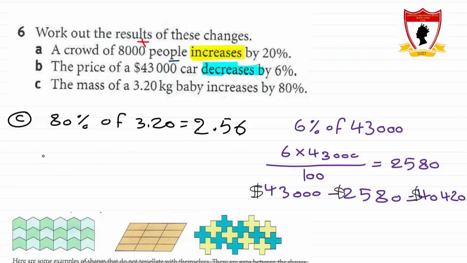We're gonna add 3.20, which is the total mass of the newborn baby, plus 2.56 equals 5.76. Units, kilogram, must go after the number, and currency signs like dollars, pounds, euro, Japanese yen must go before the numbers.